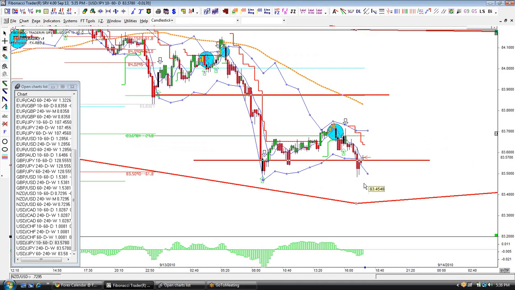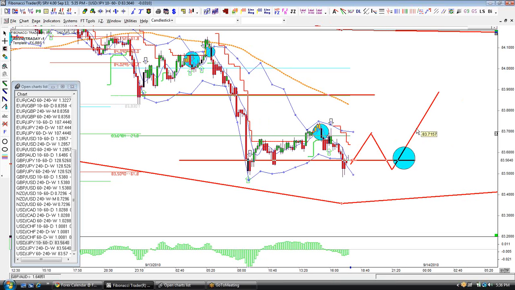Now since price starts pointing north, if we trade within like 15 pips of the support line, we can start looking for bullish opportunities. So very soon what we'll see is something like this, and we'll start looking for bullish setups.